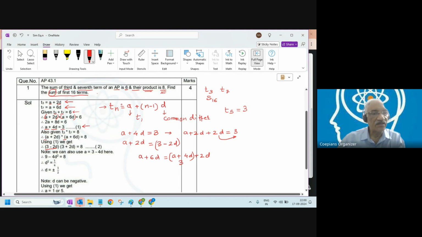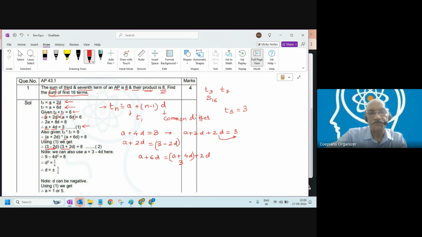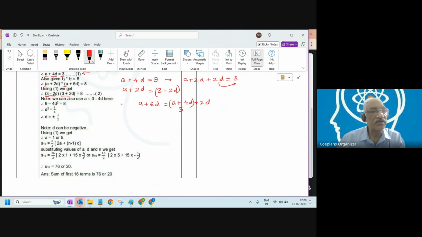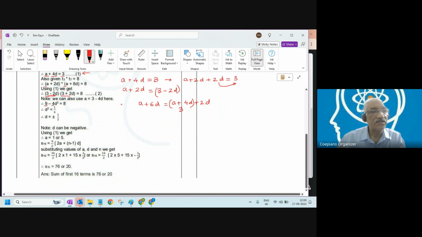So this becomes 3 minus 2d and 3 plus 2d. So we can use the formula of a square minus b square, which is 9 minus 4d square is equal to 8.